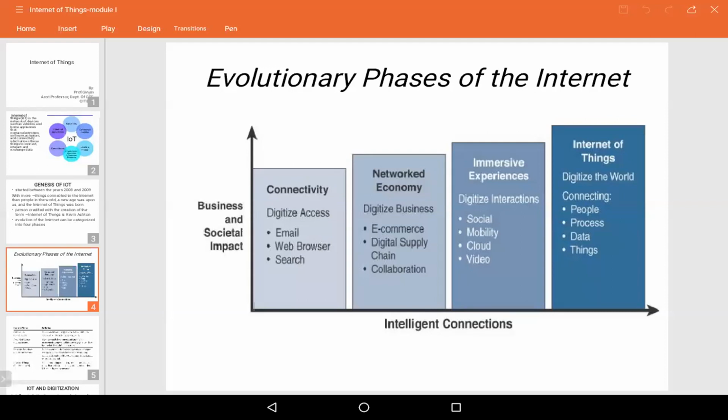In the third phase, mobility played a major role, where we started using mobile phones, exchanging a lot of audio and video. And now the present era, which we call the Internet of Things, where people, process, data, and things are all connected. An expected question in your exam. Let's go for the next topic.